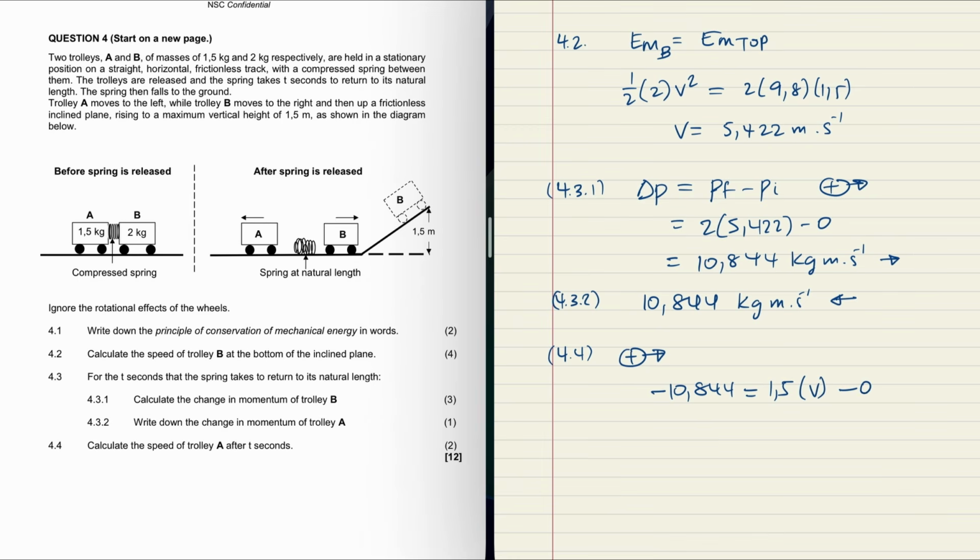And then minus 0, because like B, it was stationary initially. So we can solve for v. V is going to equal minus 7.23 meters per second. But remember, this is to the right. So we can't leave our answer like this. We change the direction and change the sign. So V is then equal to 7.23 meters per second to the left.